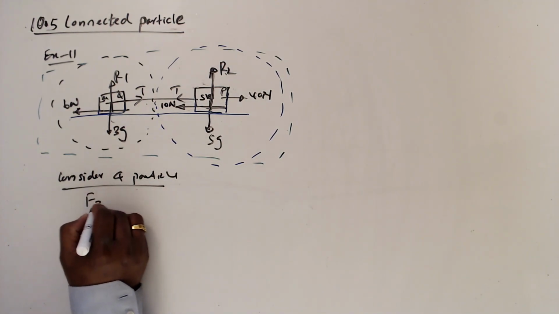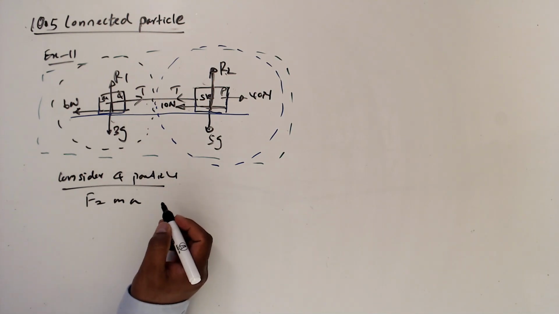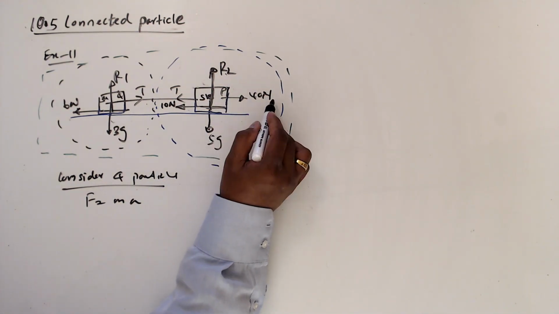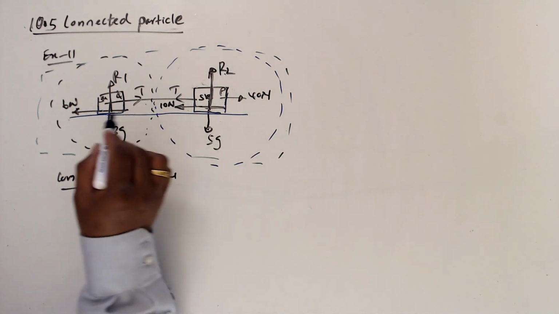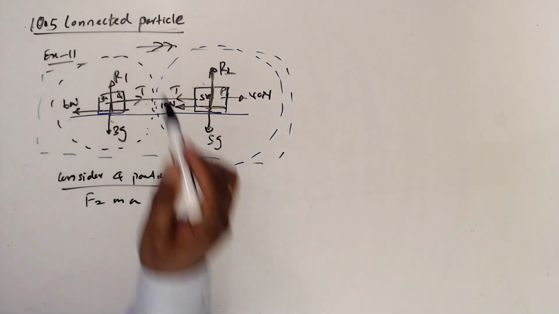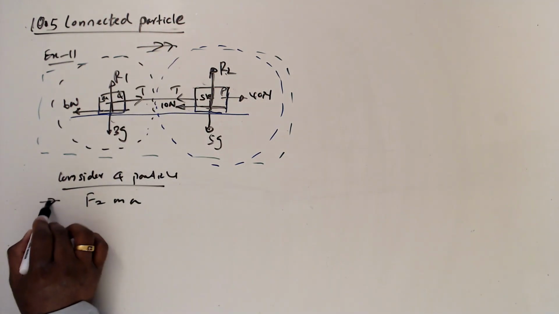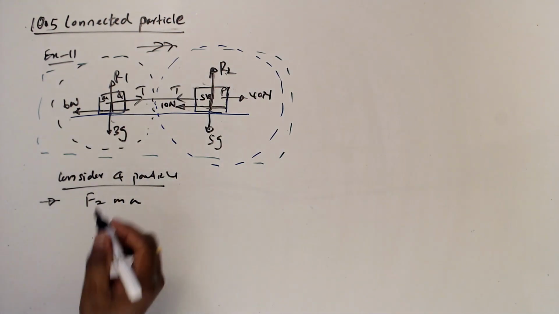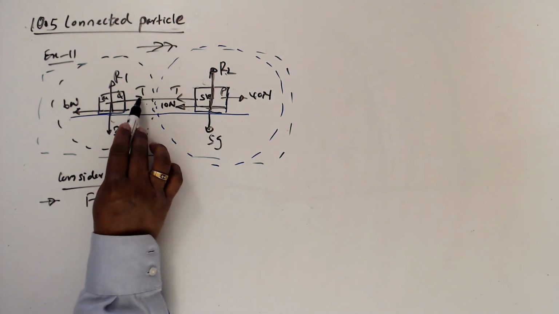So F equals ma. When we consider the Q particle, we can see that this is pulled by 40 in this direction, so the system is moving in this direction. I'd like to apply F equals ma to Q in this direction.